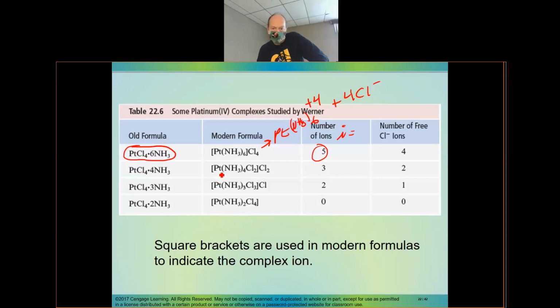Same thing here. This is going to be your platinum NH3 sub 4 Cl2. That's going to have a plus 2, and then you're going to have 2 Cl minuses. So you have your platinum plus 2 complex, and you have your 2 Cl minuses. That's how you get 3 ions in solution. 2 ions in solution, this is just going to be a plus 1, and that's going to be a minus 1, and that is your 2.